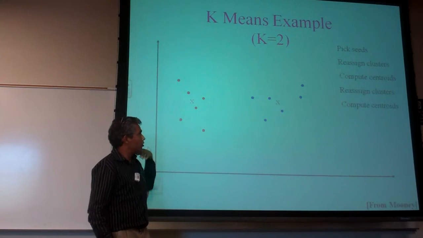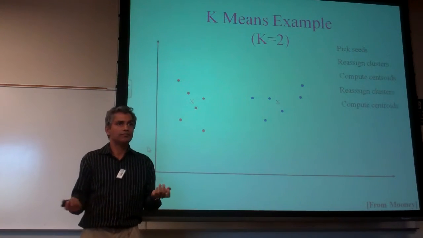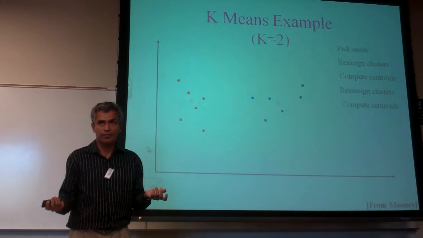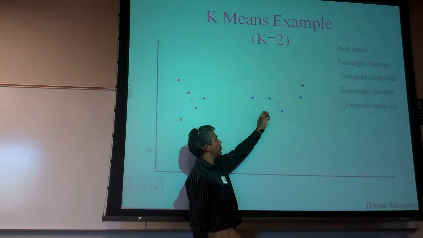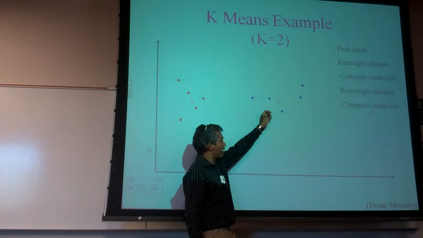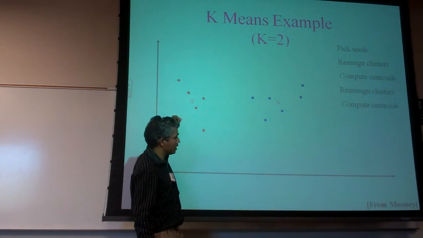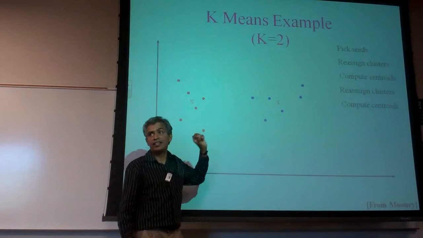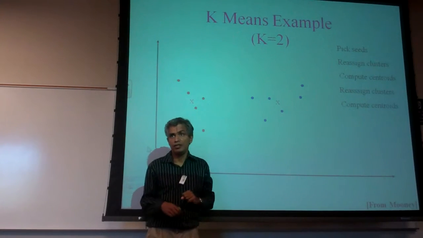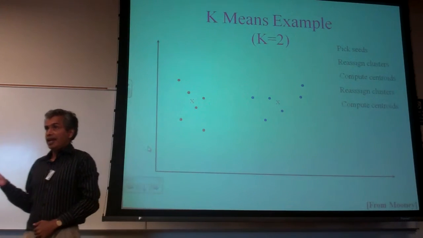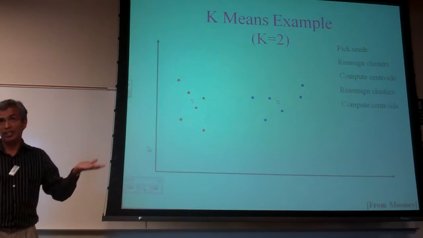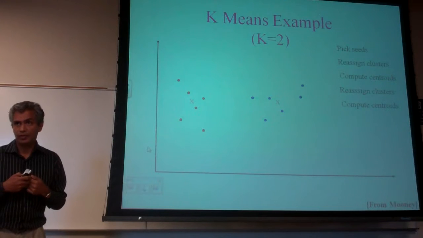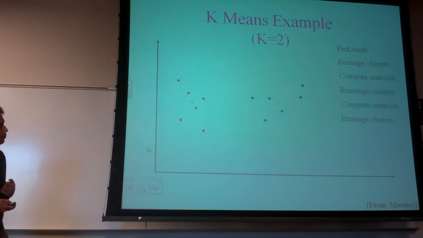At this point, nobody is shifting any further, because none of the points has a centroid of a different cluster that is closer than the centroid of the cluster they are part of. So they stay there. The iterations have stopped and you reach some sort of a minimum. In this case it has converged.